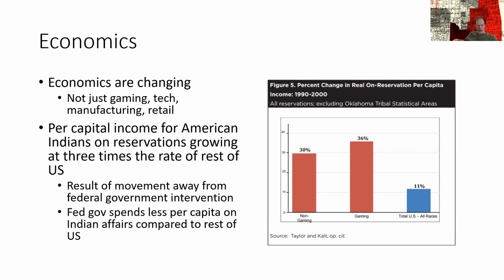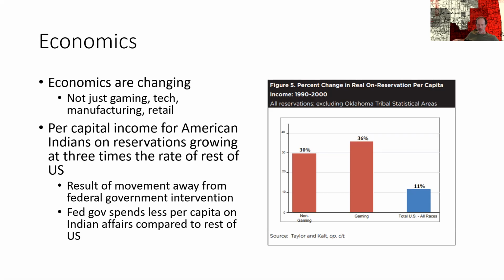And there are other notions that probably aren't true. The idea that the federal government is just pumping money into the tribes, and that's how they've changed the level of income. But the federal government actually doesn't spend a lot of per capita money on Indian affairs compared to the rest of the U.S. So it's not the federal government subsidizing what's going on here.